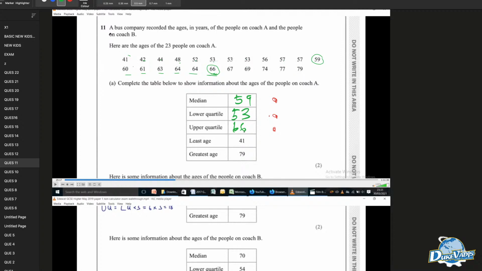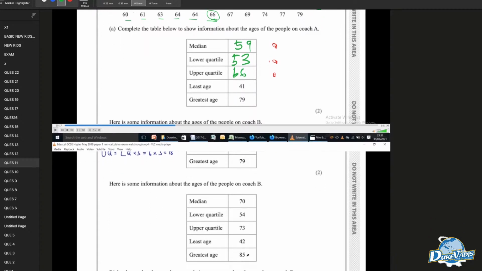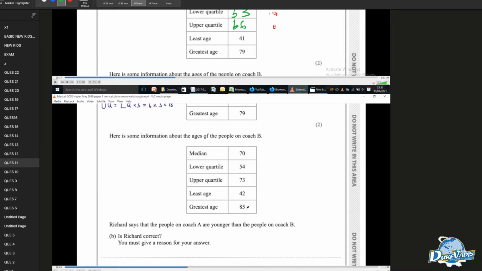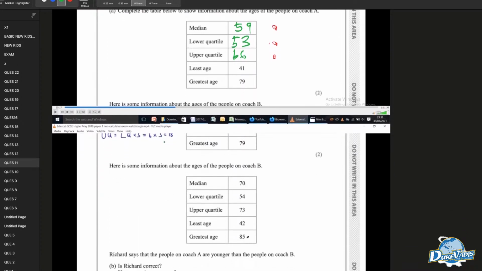The next question says what? Okay, we have been given this. It says, here is some information about the ages of the people on Coach A. First of all, we have been asked to fill the table, and we have filled the table.